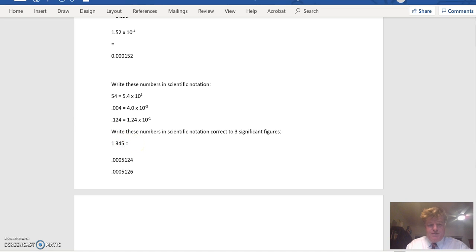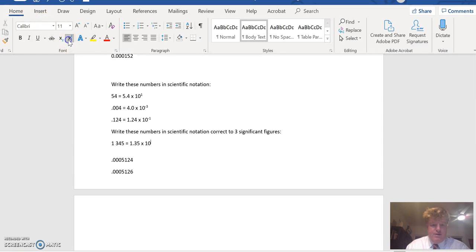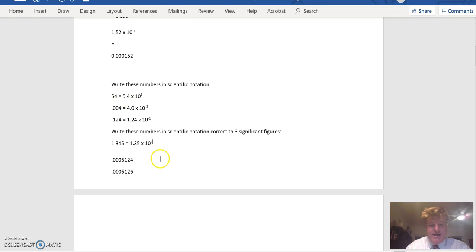So we're going to be writing 1.35. That's the third significant figure that we've rounded up. To work out our indices, we've got to move it by 10 to the 3. We know 10 to the 3 is thousands, so it makes sense. 1.35 by 10 to the 3 is the right thing here.